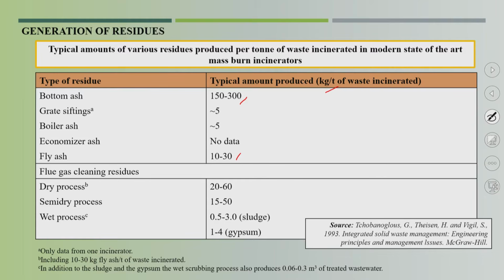So, these are the major solid residues produced. The flue gas cleaning system also produces residue. We saw the two major processes, the dry process and wet process. There also a large amount of solid residue is produced, especially in the dry process.